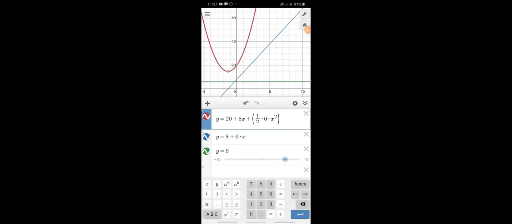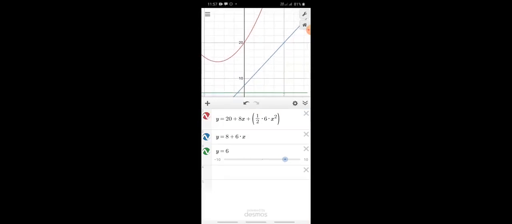Now if you look at this equation, you can see that the first equation here is y is equal to 20 plus 8x plus half 6x square. This is of the form x equal to x0 plus ut plus half at square. So x0, which is the initial starting point, is 20 meters.